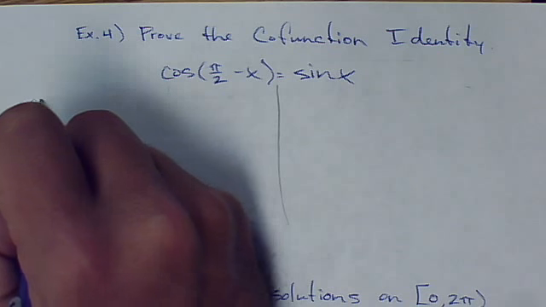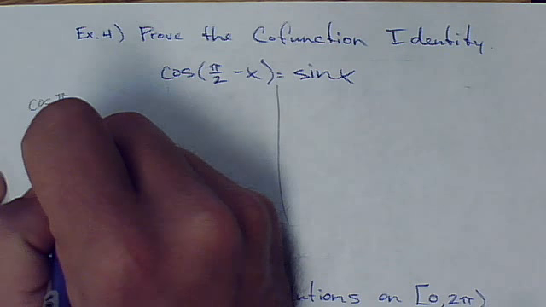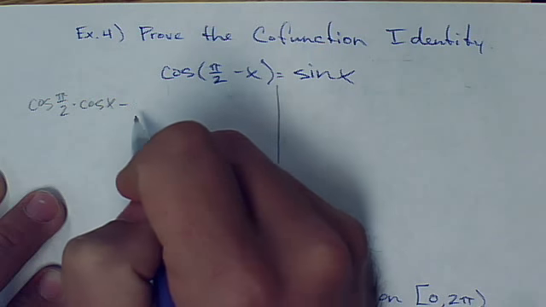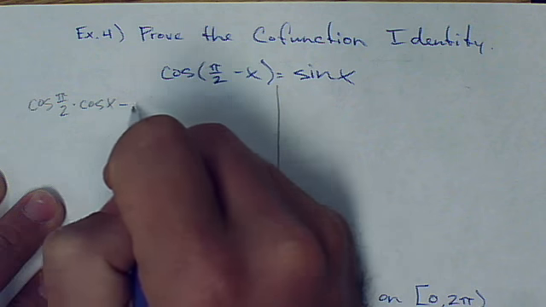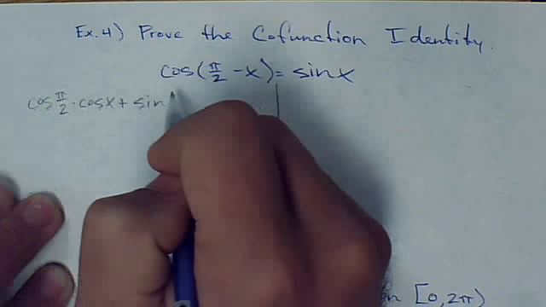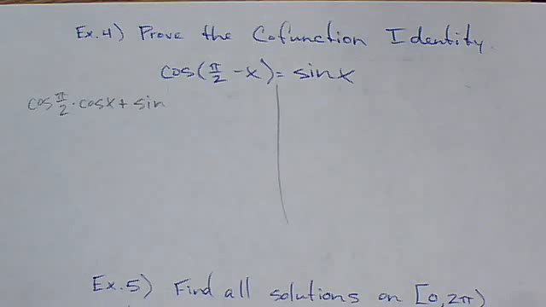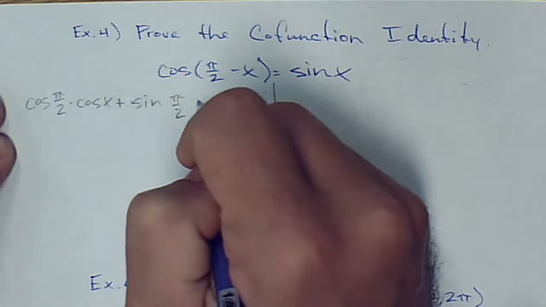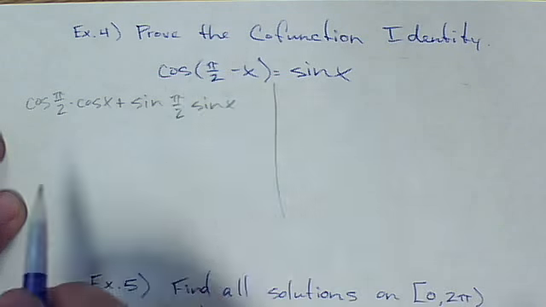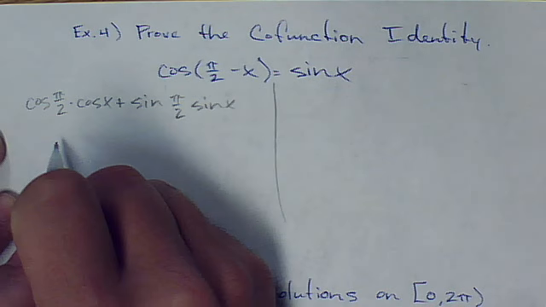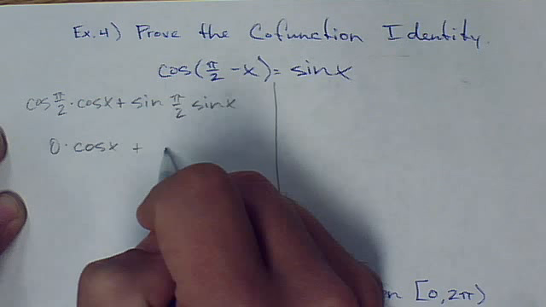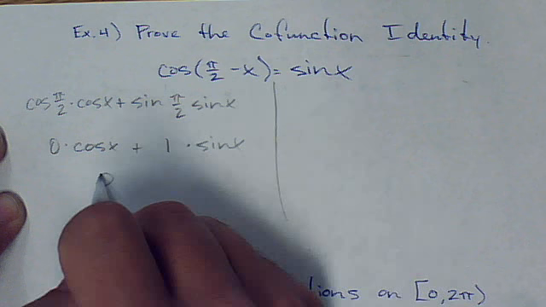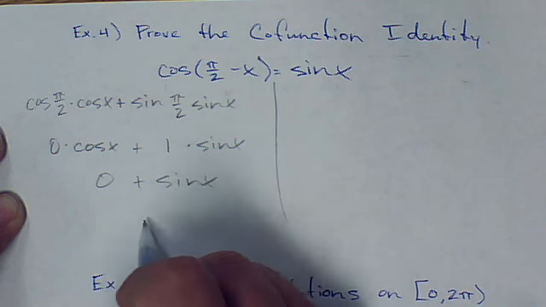We can take the cosine of pi over 2 times cosine of x minus, that would be plus, the sine of pi over 2 sine x. So cosine of pi over 2 is 0 times cosine x plus sine of pi over 2 is 1 times sine x. So you can see that this is 0 plus sine x, or just sine x.